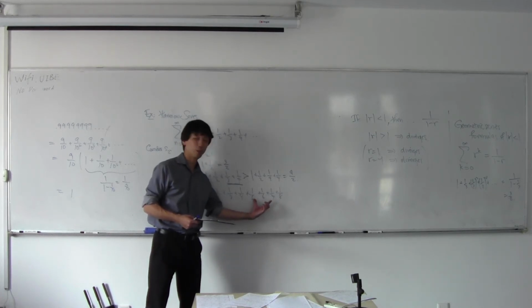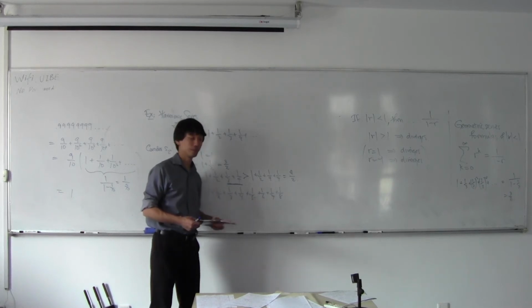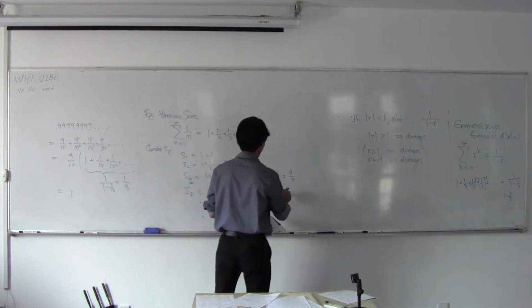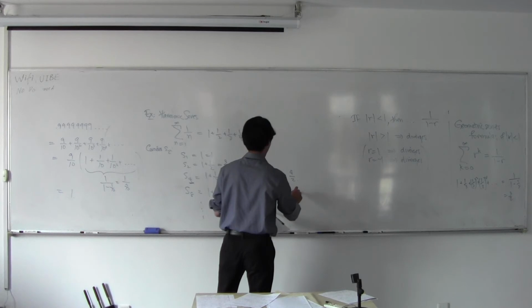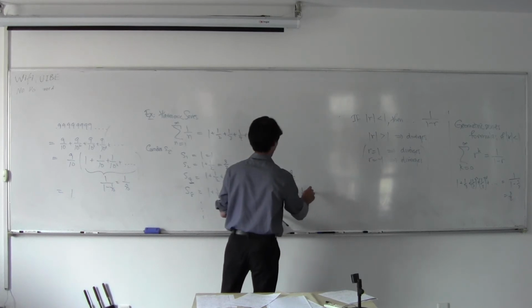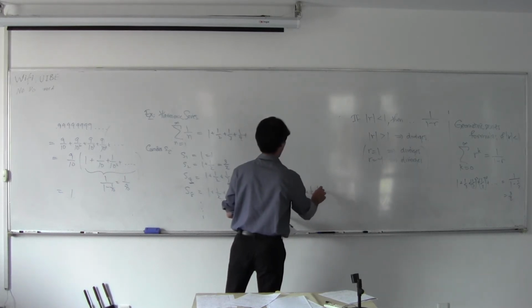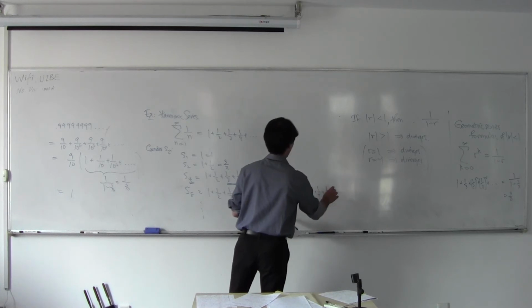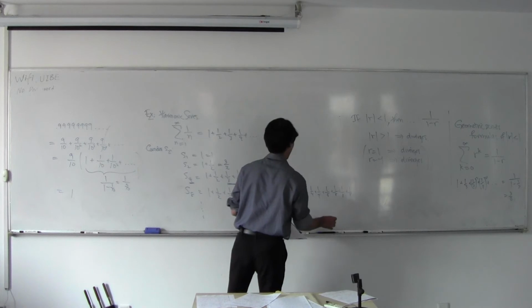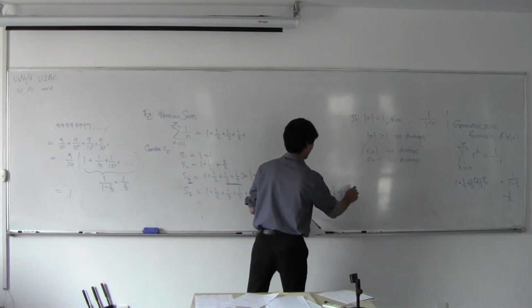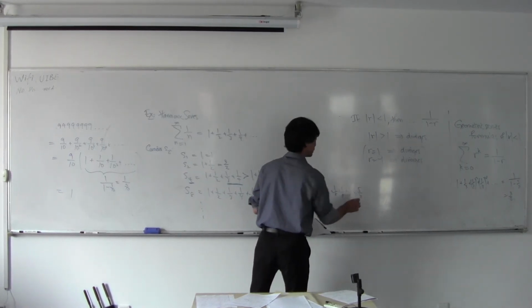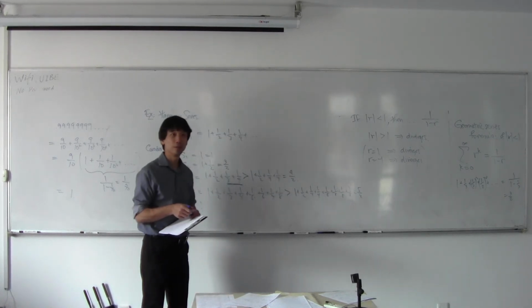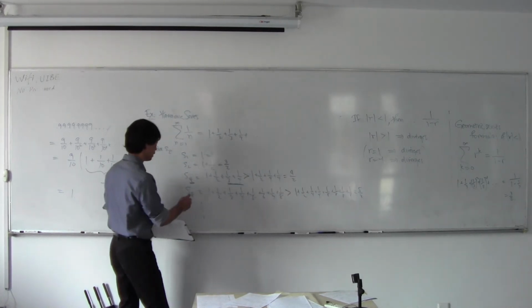I'm going to turn them all into 1 over 8, right? So I'm going to say this is bigger than 1 plus a half plus a fourth, plus a fourth, plus an eighth, plus an eighth, plus an eighth, plus an eighth, right? And that gives me another half. It will be 5 halves, right? You see what's going to happen.